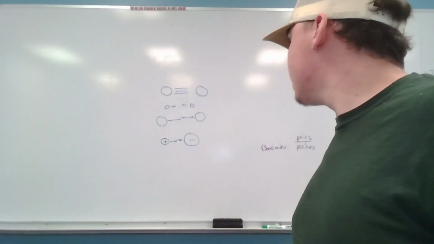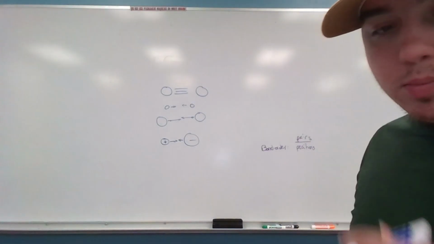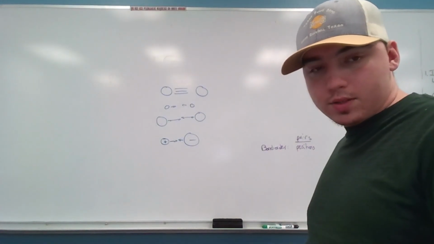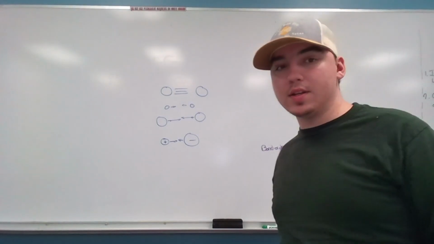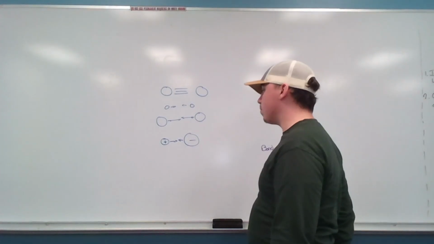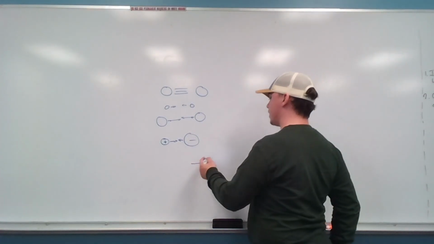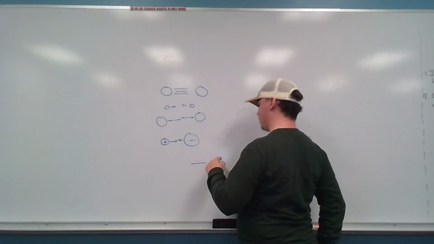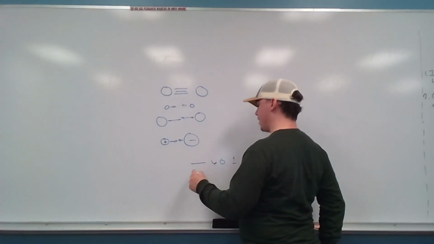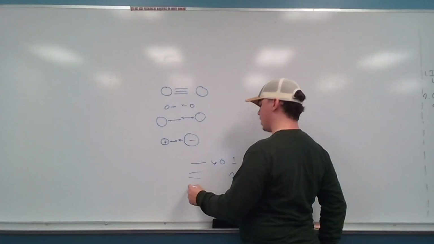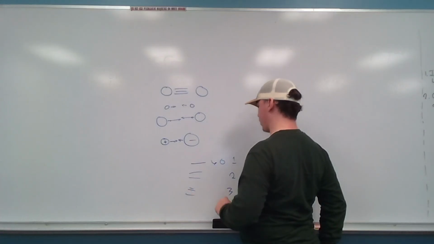Bond order is kind of how long it is. Okay, you calculate bond order by how many bonds it has. So if it has one bond, it is bond order one. If it has two, bond order two, and if it has three, it's going to be bond order three.